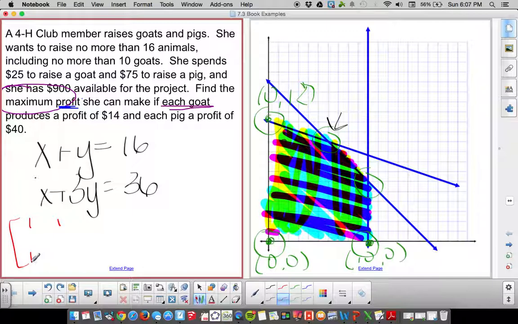1, 1, 1, 3. I take the inverse of that times my answer matrix here. So 1, 1, 1, 3 and 16, 36.